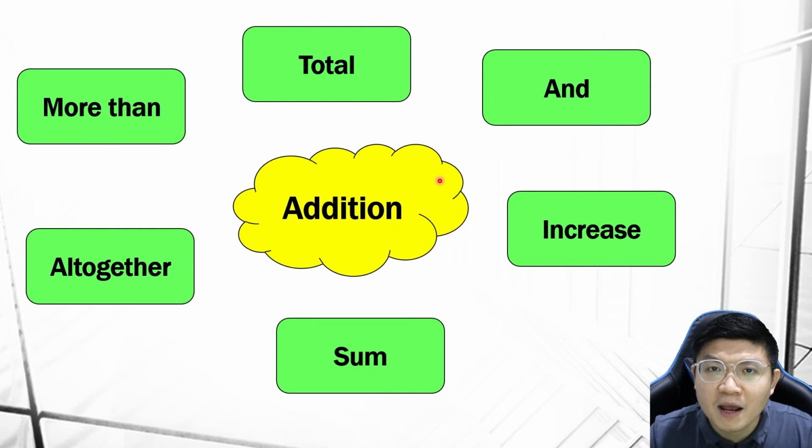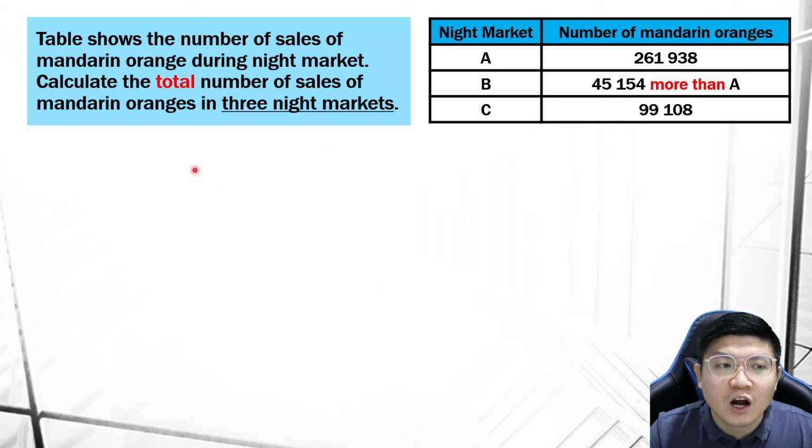There are actually many keywords related to addition, but these are the common keywords usually used in problem solving, right? So I've given you a problem here. The table shows the number of sales of mandarin oranges during night market. So calculate the total number of sales of mandarin oranges in 3 night markets.